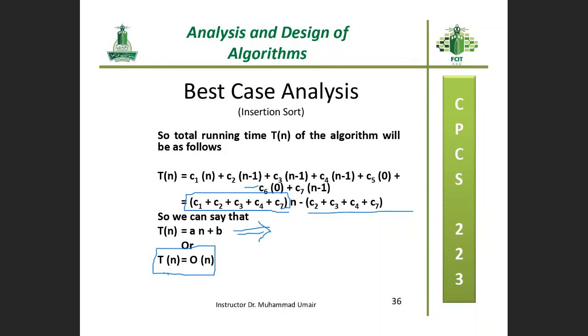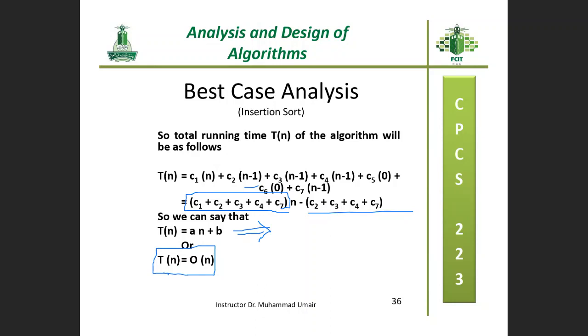Why do we ignore the lower order term and the coefficient constants? Anyone?